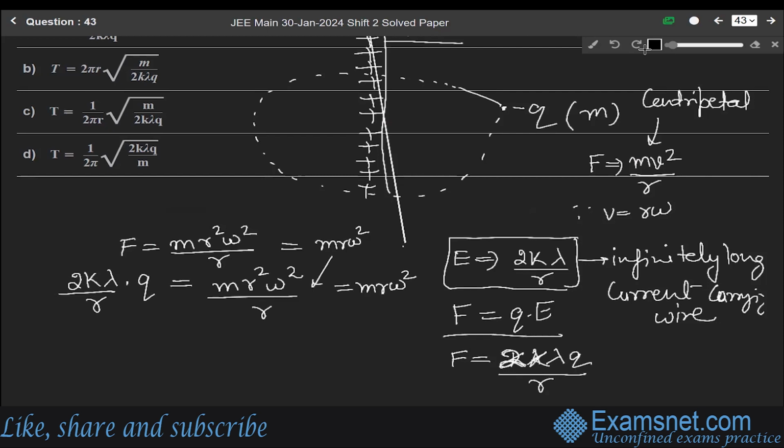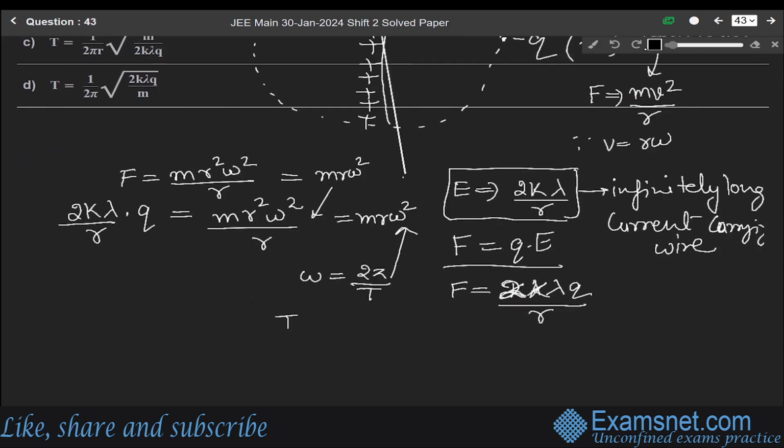Now we know that omega equals 2 pi over T. So putting the value of omega from here, we get 2k lambda over r into q equals m r omega square, which means 2 pi over T whole square.